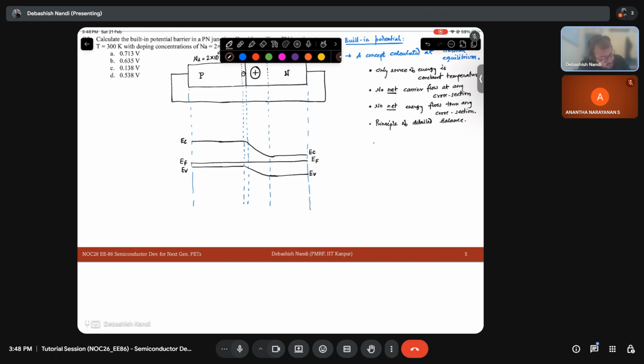What is potential? d psi by dx is equal to minus electric field, and also we know that energy is negative q times potential.